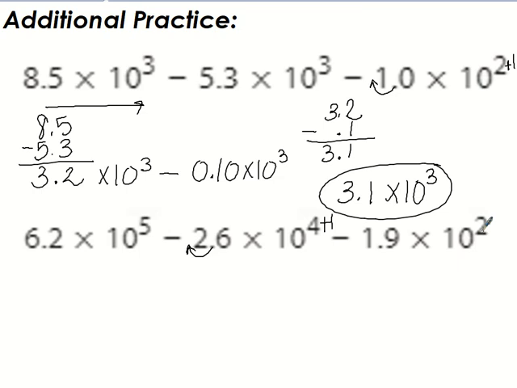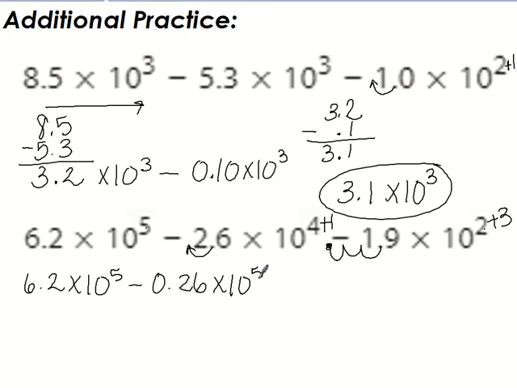But in this one, from 2 to 5, I'm actually going to add 3, which means I need to move 1, 2, 3. So here's my new math problem. 6 and 2/10 times 10 to the 5th minus 2600ths times 10 to the 5th minus 19 10,000ths times 10 to the 5th.